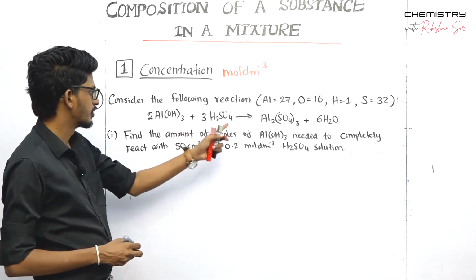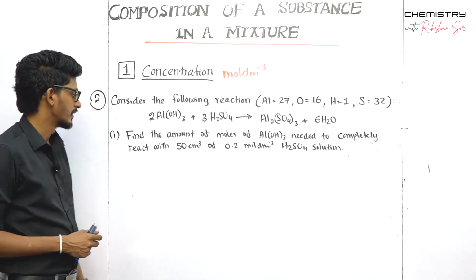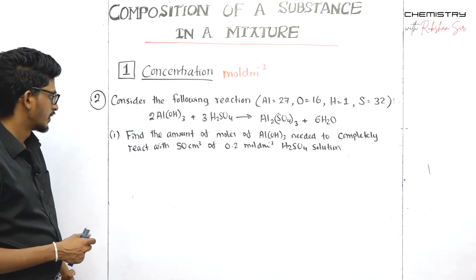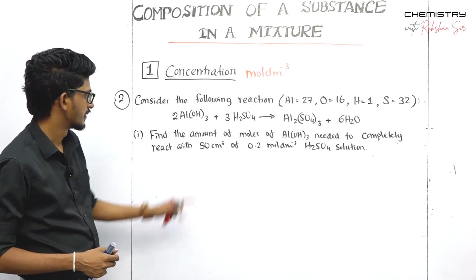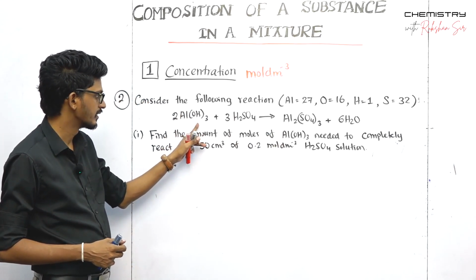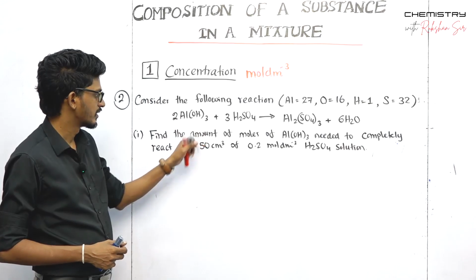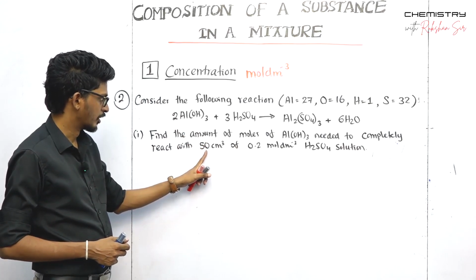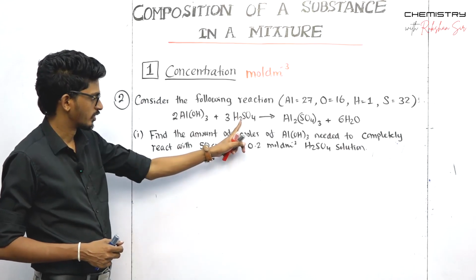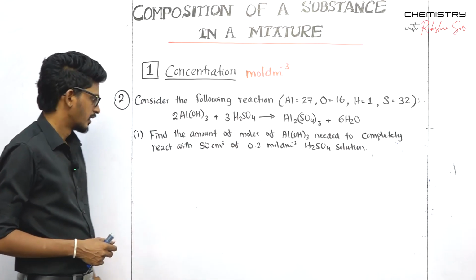They have given you this equation, and they have asked you to find the amount of moles of aluminum hydroxide needed to react with 50 cubic centimeters of 0.2 molar H2SO4, right?